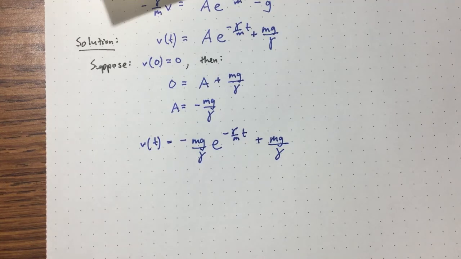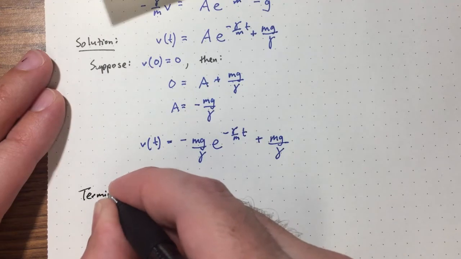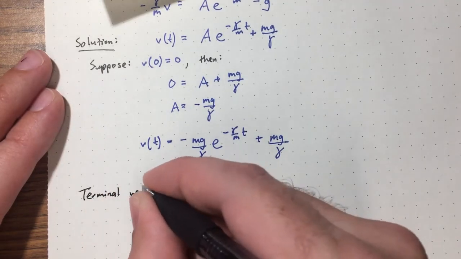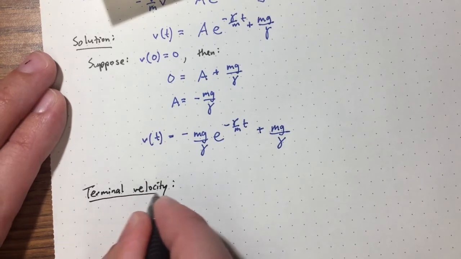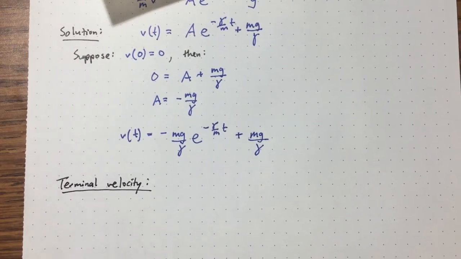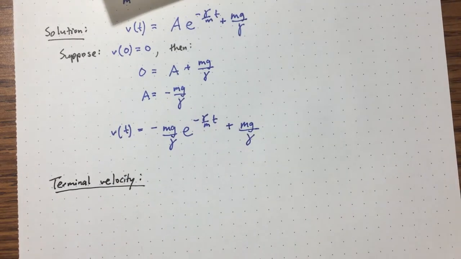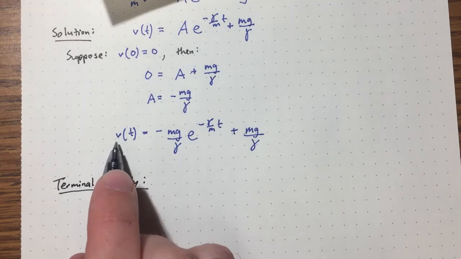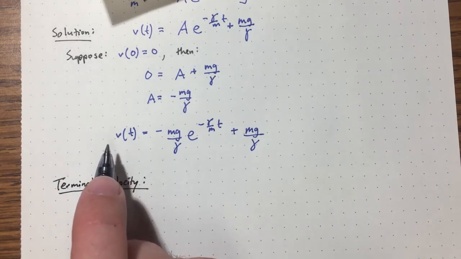So how can we see the concept of terminal velocity? Let's just recall what terminal velocity is. It's the maximum theoretical velocity of this object. So the claim is that by looking at this equation, we should be able to tell that this velocity is actually going to approach a theoretical maximum value.